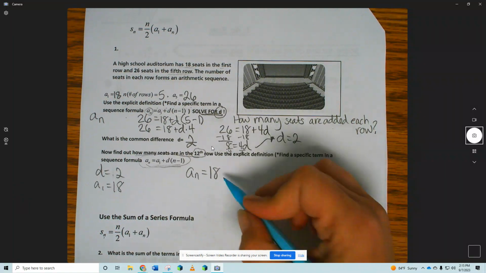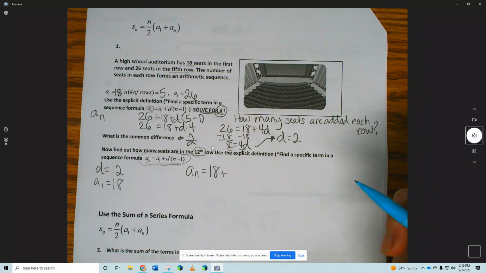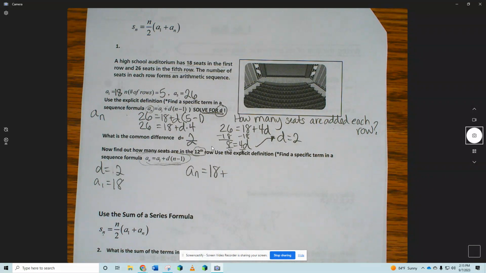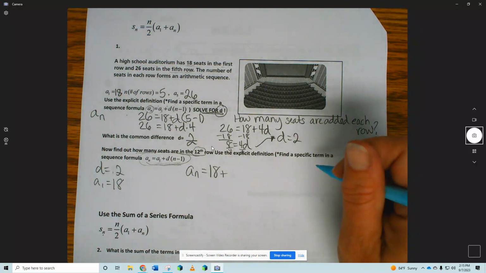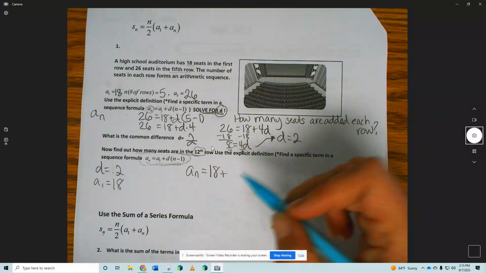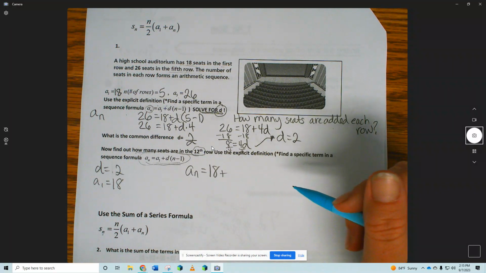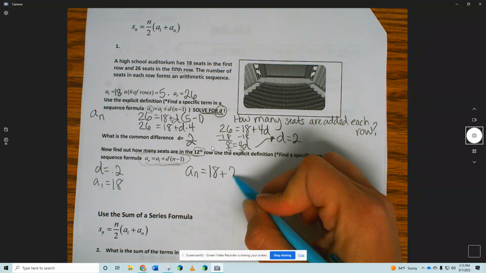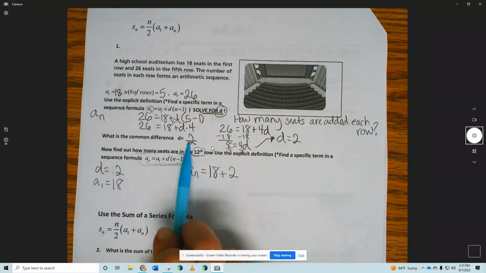Plus the common difference. Oh my gosh, you guys keep saying 26. I don't know why. What's the common difference? 2. D, common difference. We just found it up here.